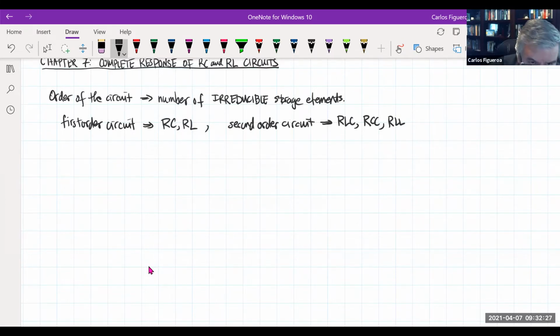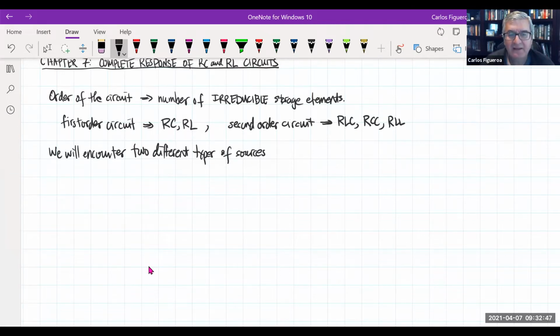You're going to see that in this chapter here, we will encounter two different types of sources.